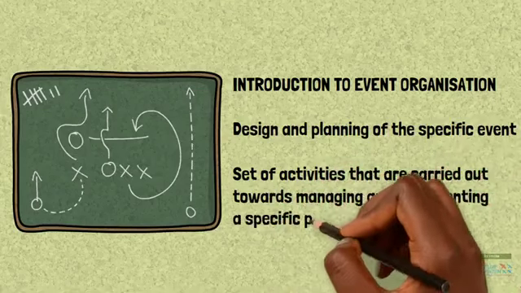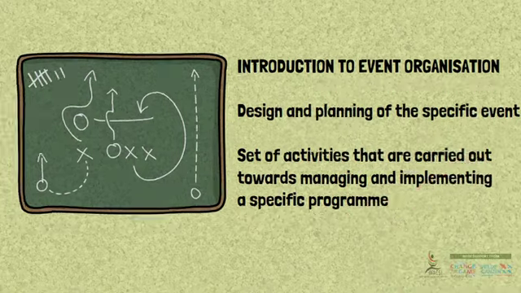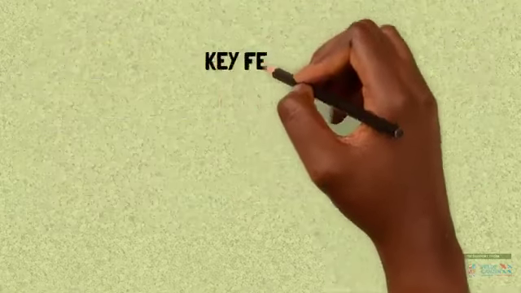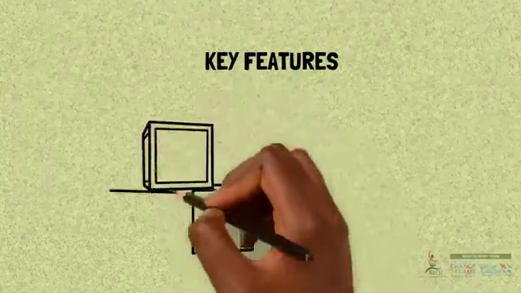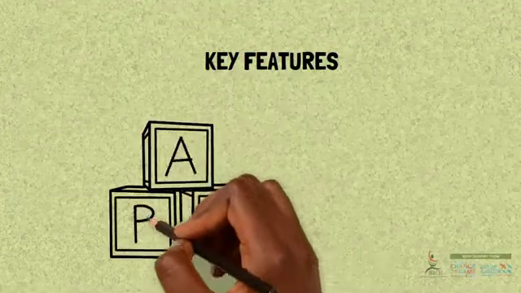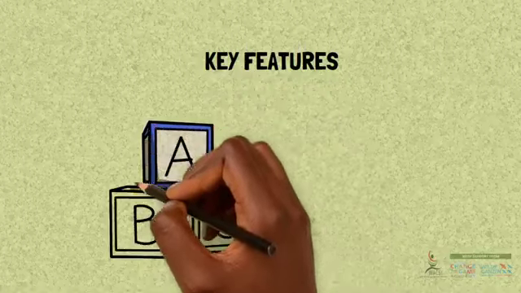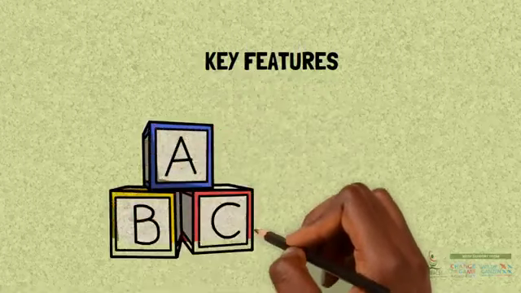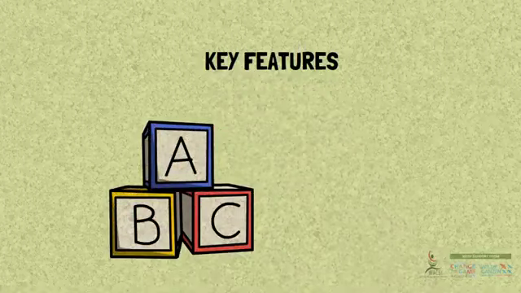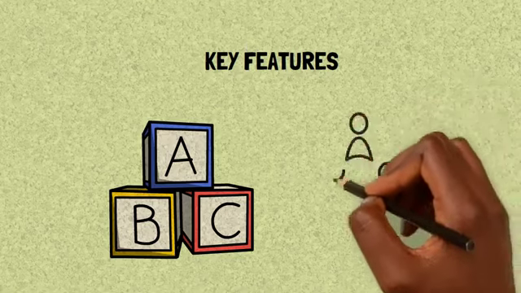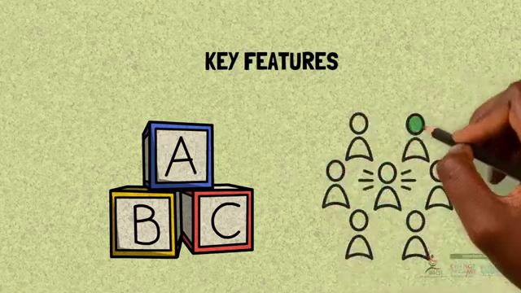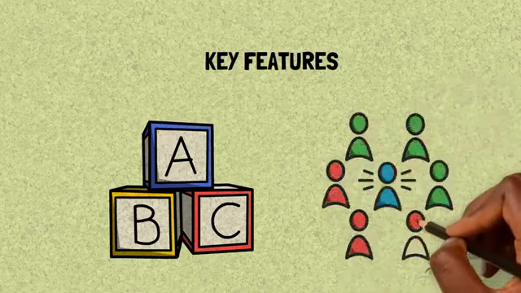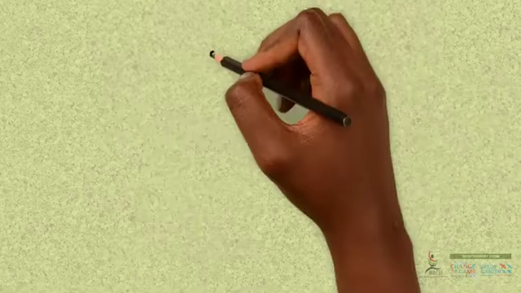Some of the key features that we should look out for in the event organization portfolio are, first, activities carried out towards managing and implementing a specific program. Also, it requires human and organizational internal resources to be able to implement this stream of internal generation of resources.